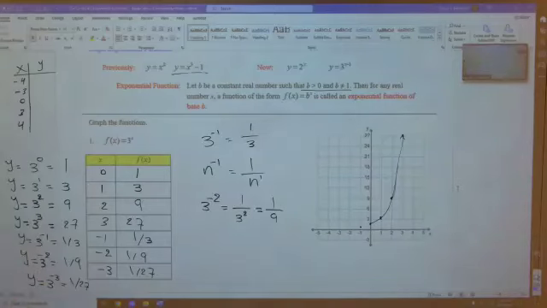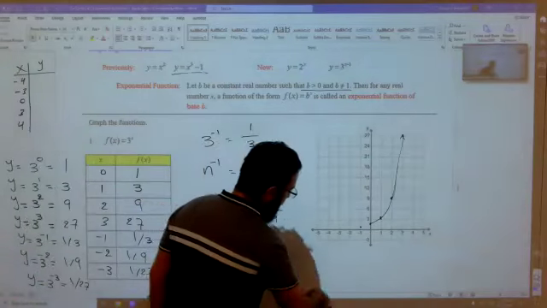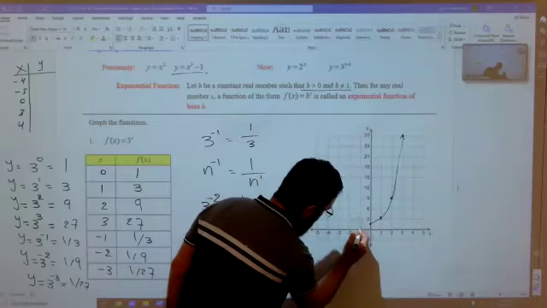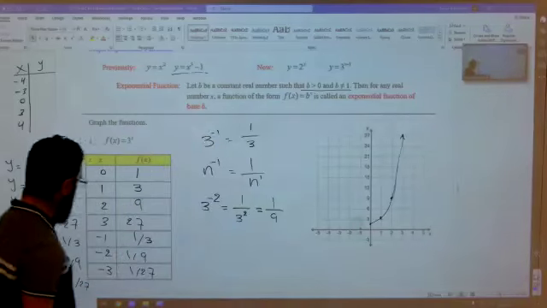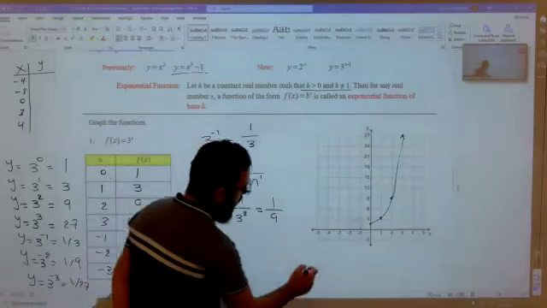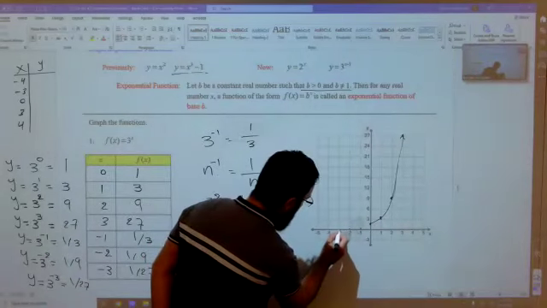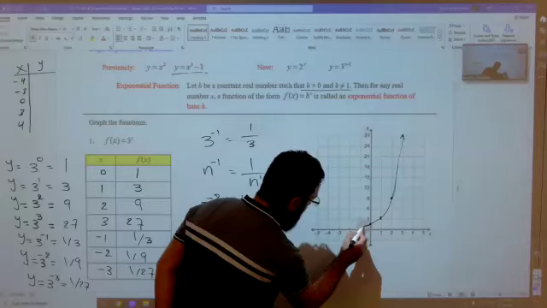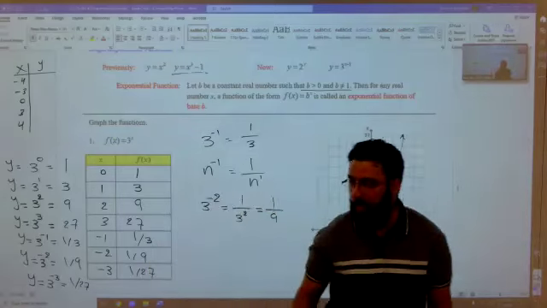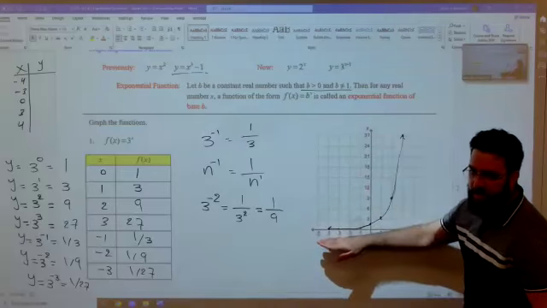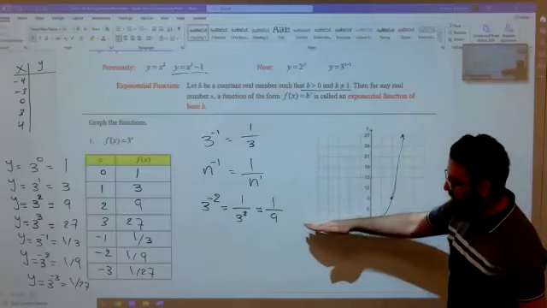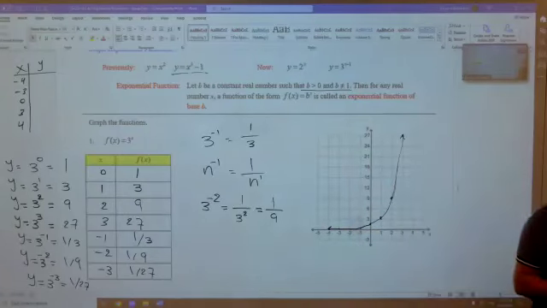It should be less than that. And then 1/9 is less than, keep going down. With 2 it's going to be here, and then it's going to be here. So kind of the graph is going to be like this. But be careful, it's never going to cross the x-axis. So the graph looks like this. Is that okay?